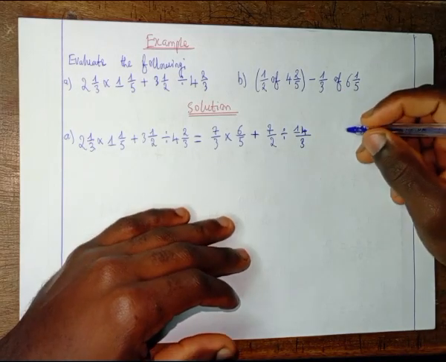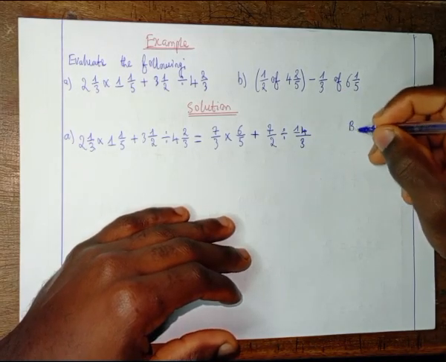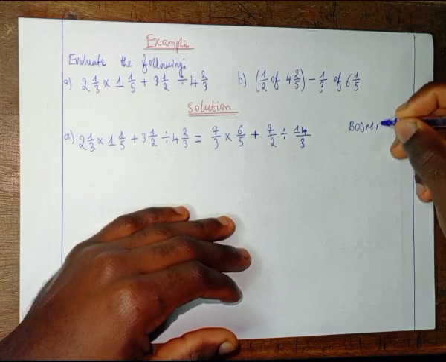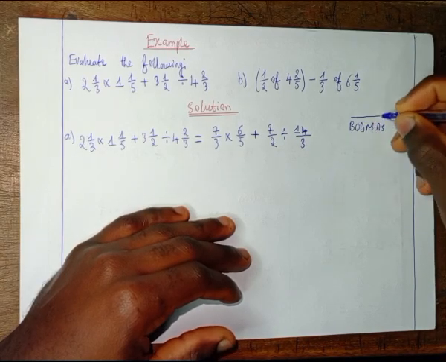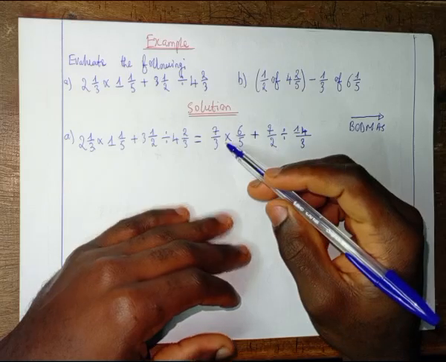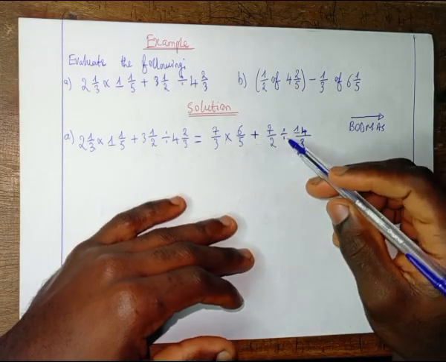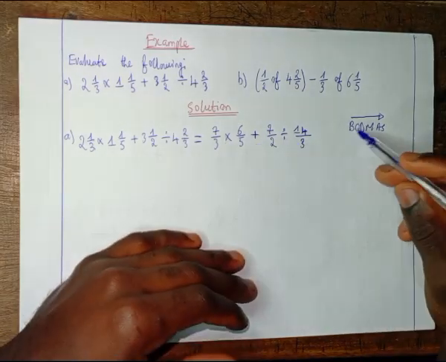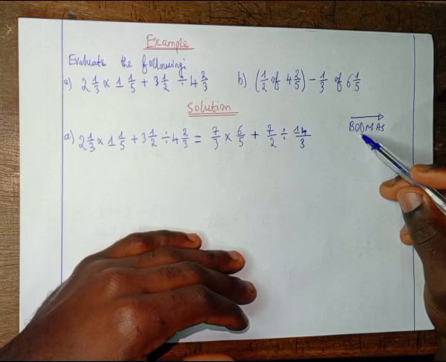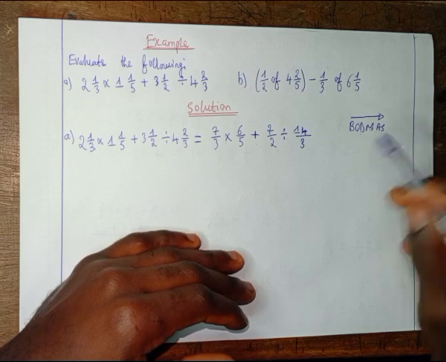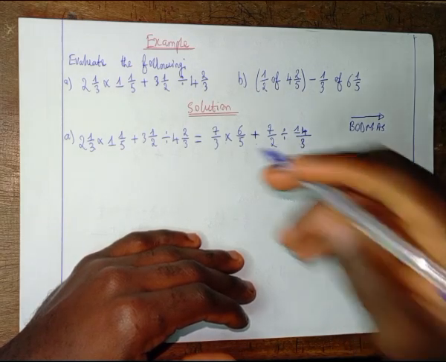We are going to make good use of BODMAS. We have multiplication, addition, and division. From BODMAS, division comes first before multiplication and addition. So we have to start here with this division.